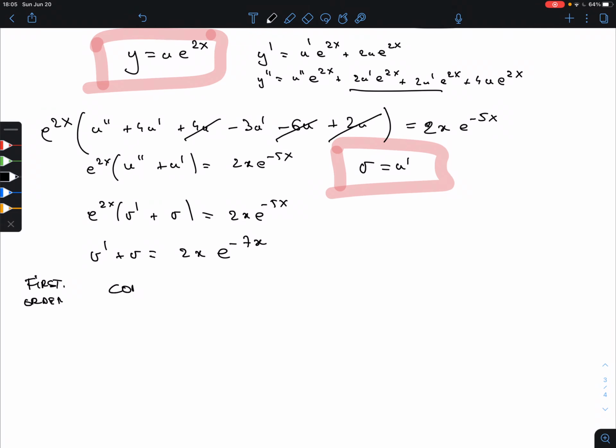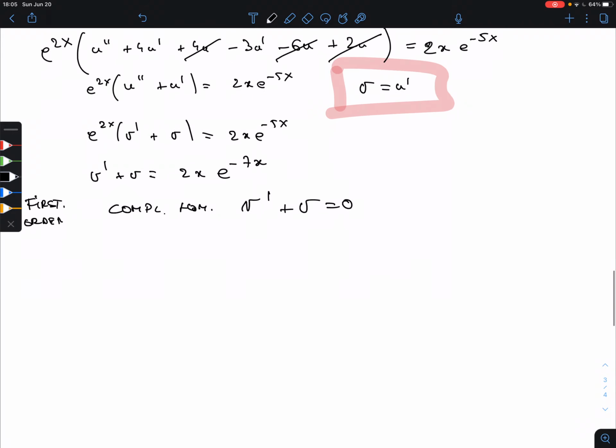So we look at the complementary homogeneous equation. That is, v prime plus v equals 0. So that is v prime equals minus v. That means that dv over v is equal to minus dx.